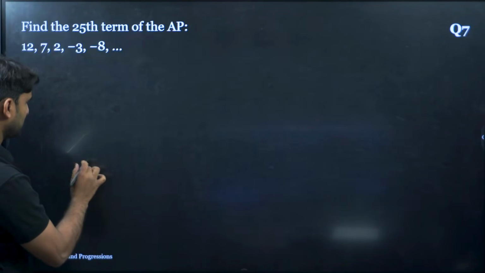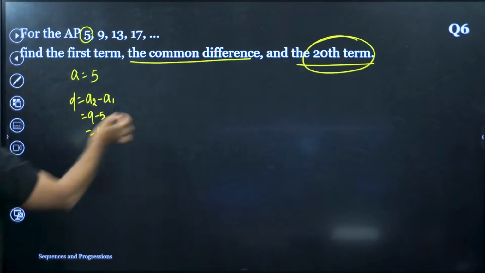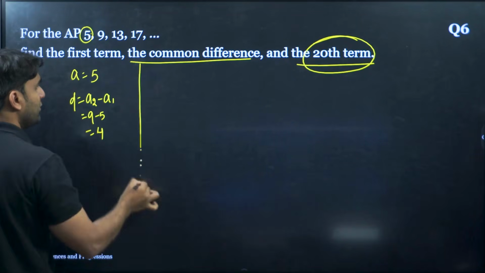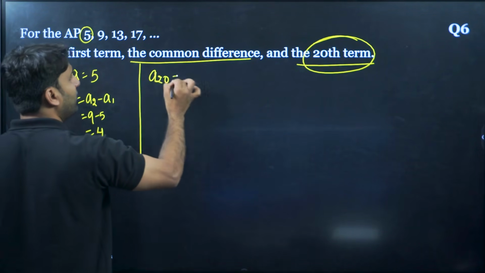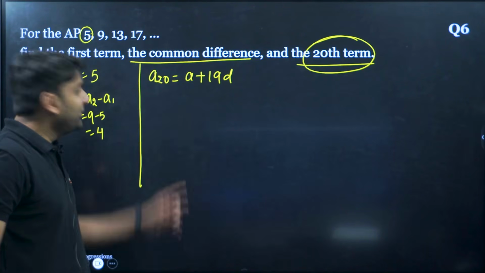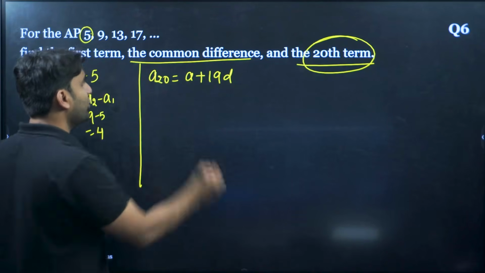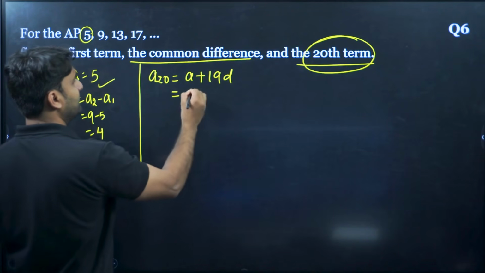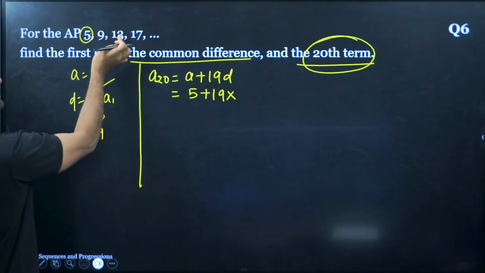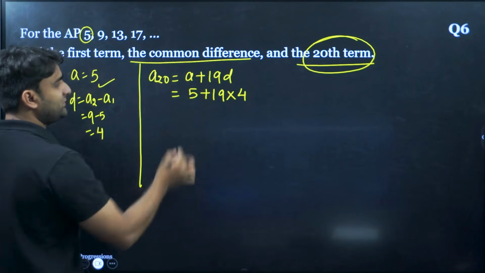Okay. Let me use this space. Yeah. So 20th term, the formula will look like A plus 19D. Because this is 20th term. So D will always be 1 less. Okay. So A we have is 5 plus 19 into D we have 9 minus 5, 13 minus 9, 17 minus 13. So D we have is 4. So let's solve this.